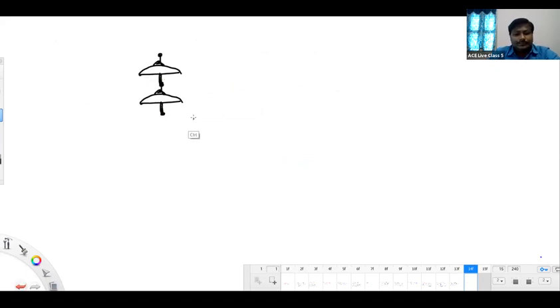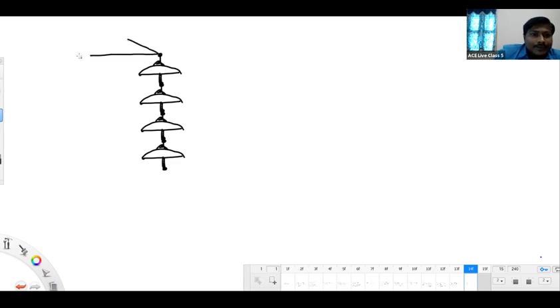Like this, you can say. The string that we are going to hang to the tower, or you can say suspended to the tower.